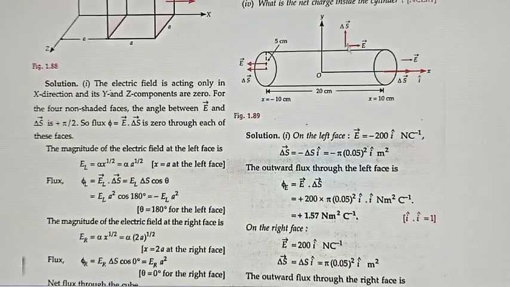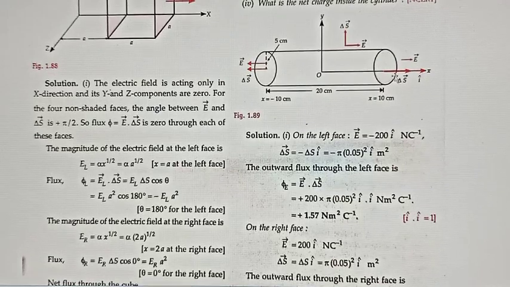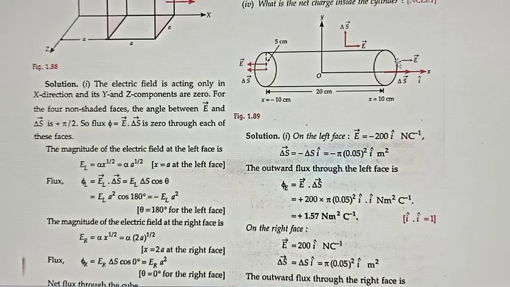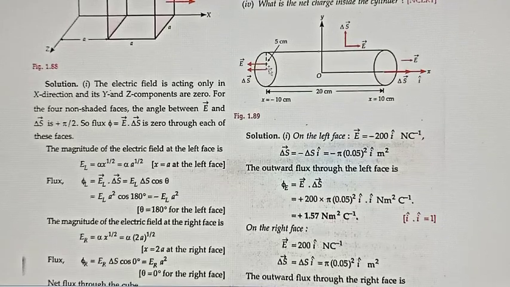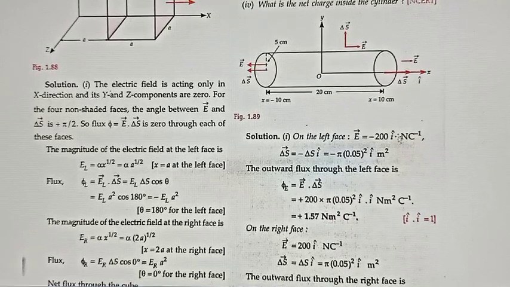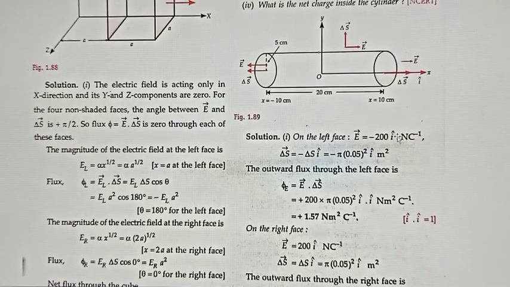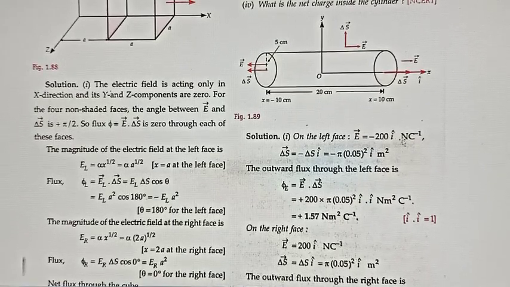Now if you draw this area vector, you see for this surface the direction of electric field, this is the direction of area vector. For this surface you see this is the direction of electric field. Of course it is negative x-axis, so we have to put E is equal to minus 200 I cap. So I cap is the unit vector for positive x-axis, so minus I cap is the unit vector for the negative x-axis.